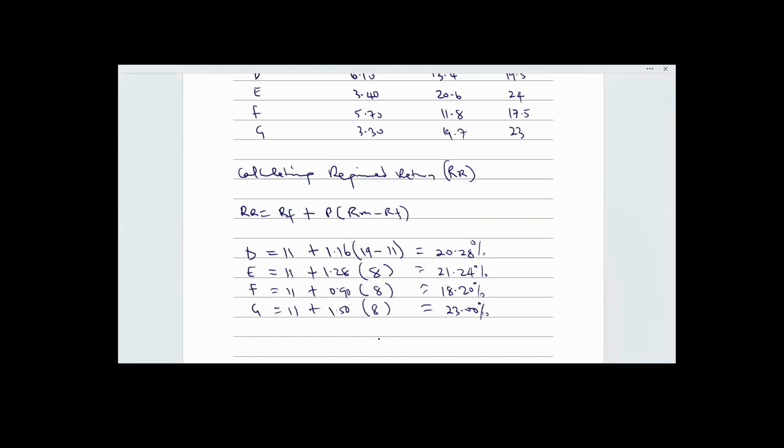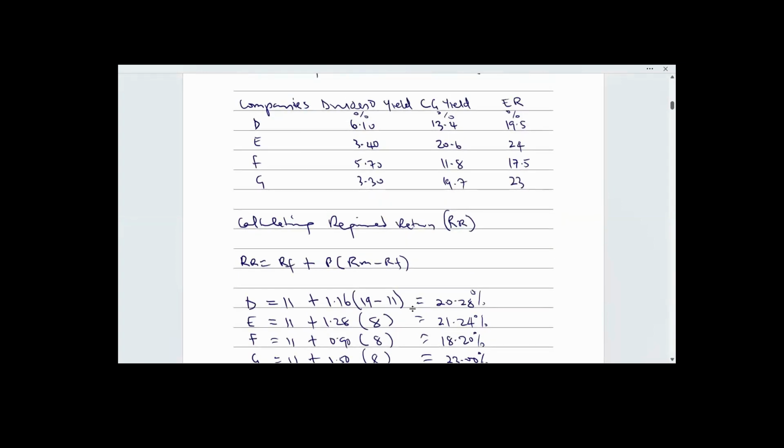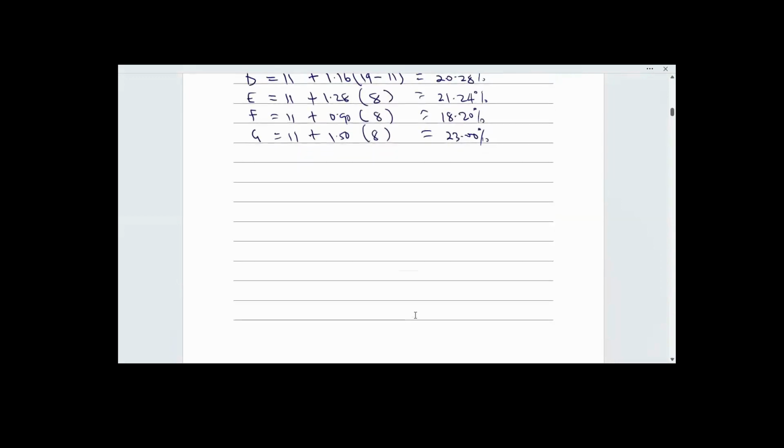So now that I've calculated my required return and I also have the expected return, I can then proceed to calculate my alpha. So to get the alpha, I'll create a column for companies in the portfolio, a column for expected return, required return, alpha, then I will have comments.